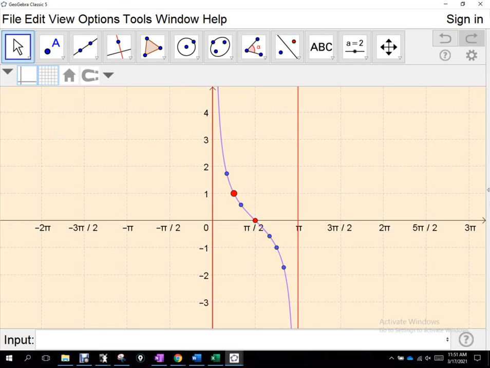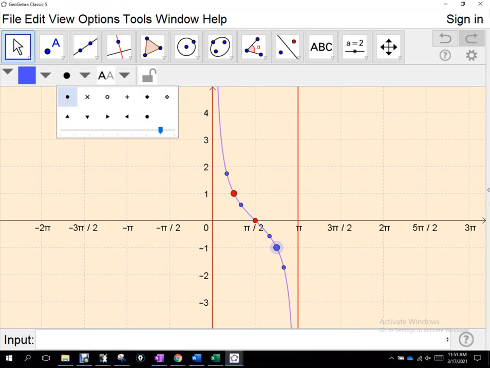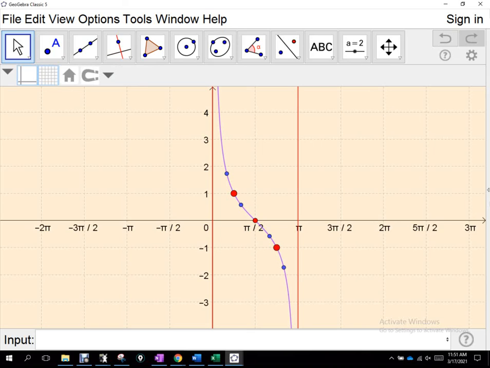And then halfway in between this interval, we're at negative 1. So my hope is that we use those 3 parent function points along with the asymptotes to help us graph the cotangent.